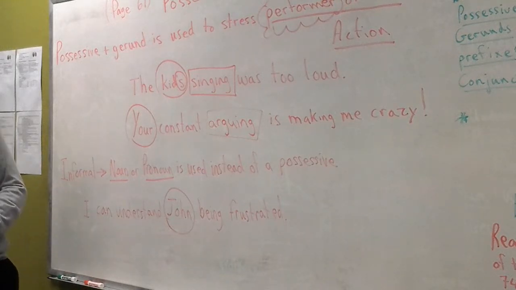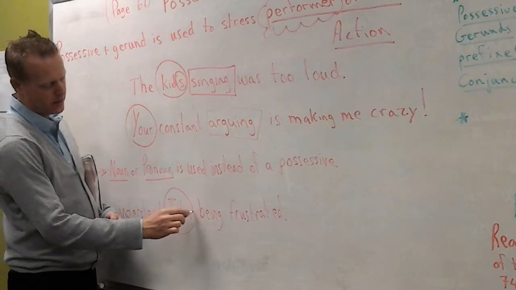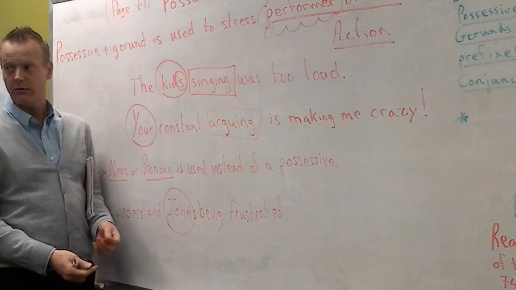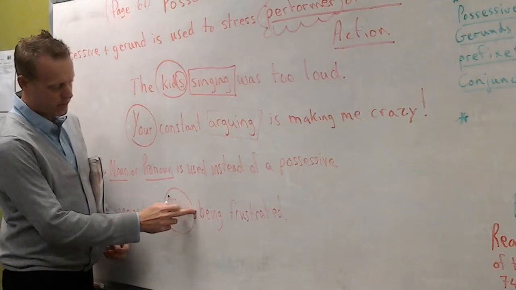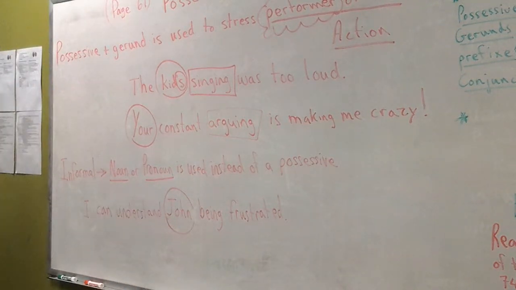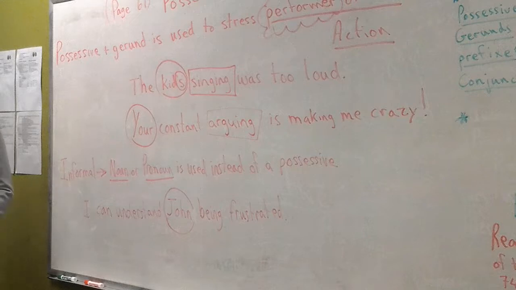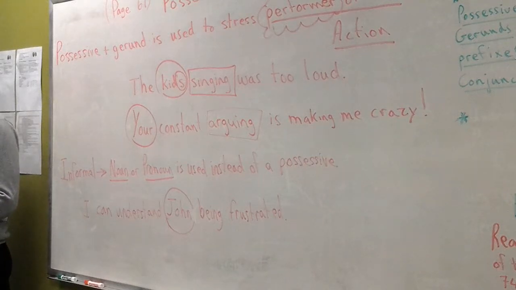So you understand what they did? Instead of saying John's being frustrated, in informal English, they just get rid of the apostrophe S and just put the noun. And then they put the gerund after it. Is everybody okay? You're going to hear that a lot.